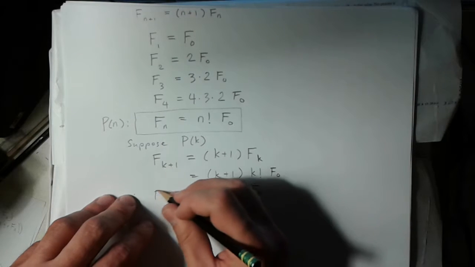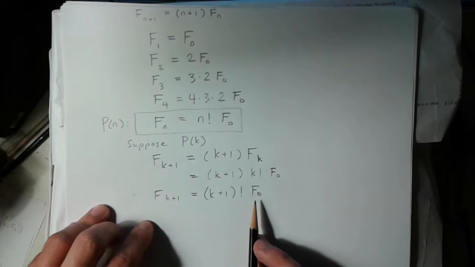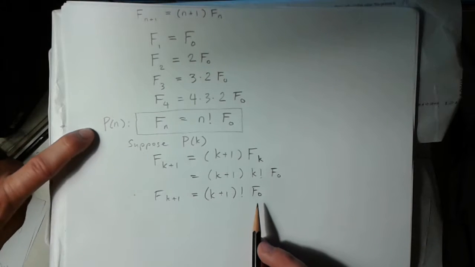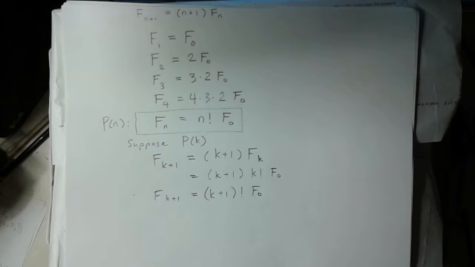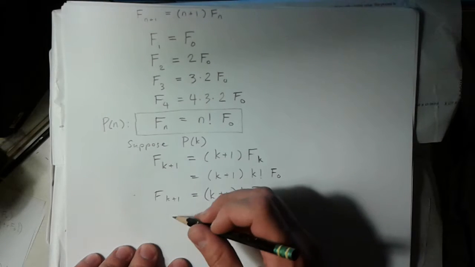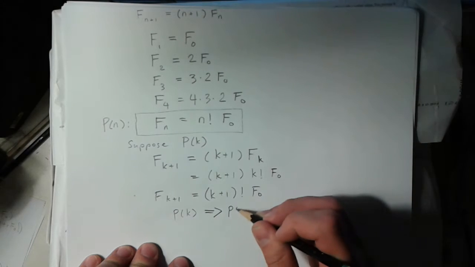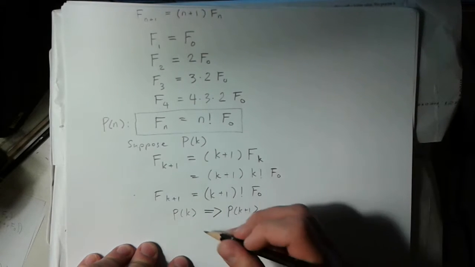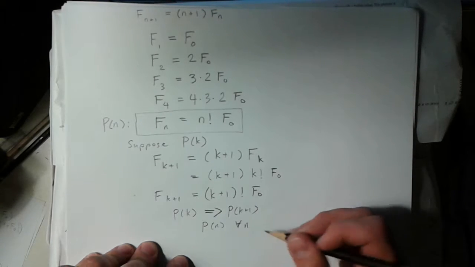And so we have f of k plus 1 is equal to k plus 1 factorial f0, which is the same as my proposition here when n is equal to k plus 1. And so we see that P of k implies P of k plus 1, and so P of n must be true for all n.